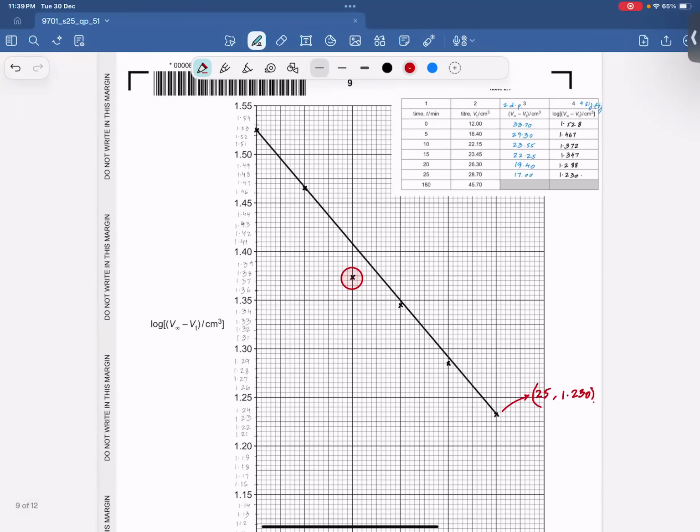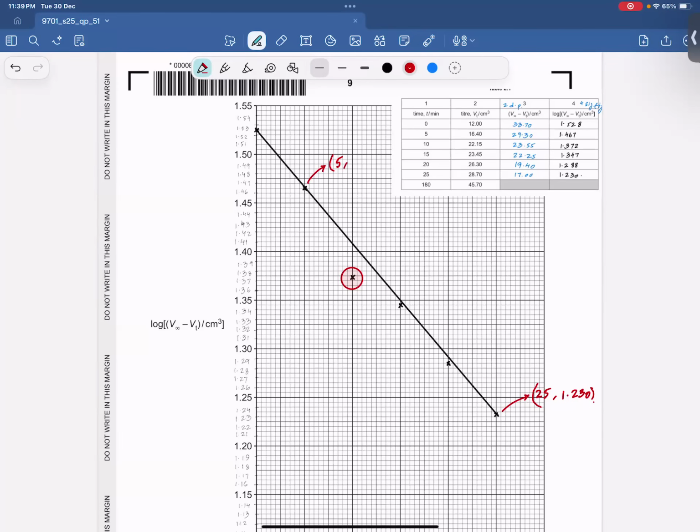And the second point was, can we take this value? It's 5.